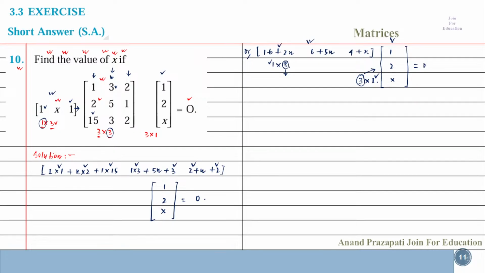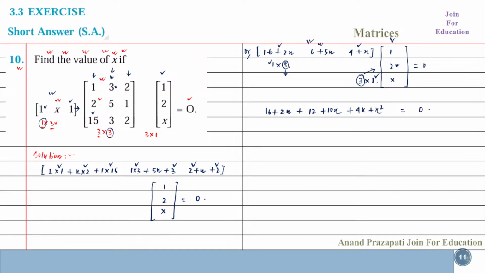16 plus 2x multiplied by 1, then we get here 16 plus 2x, plus we write down here 6 plus 5x multiplied by 2, then we get here 12 plus 10x, and 4 plus x multiplied by x, then we get here 4x plus x square, and equal to 0.